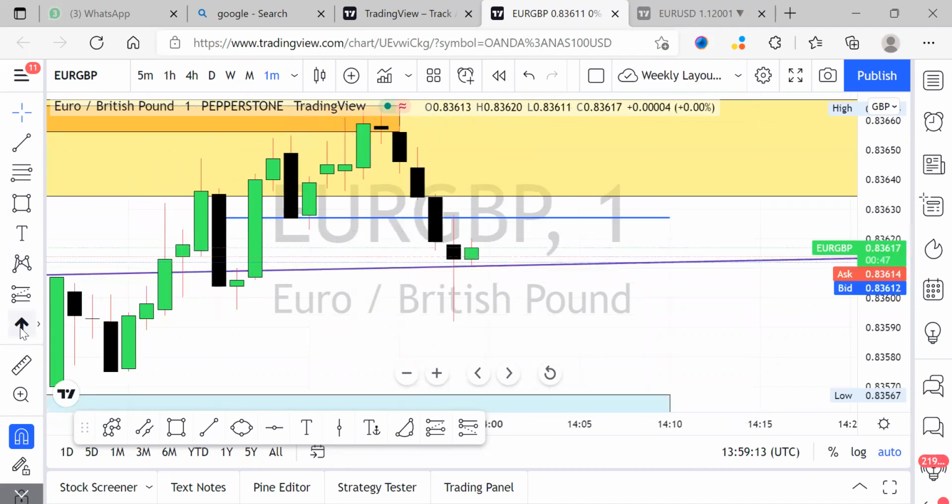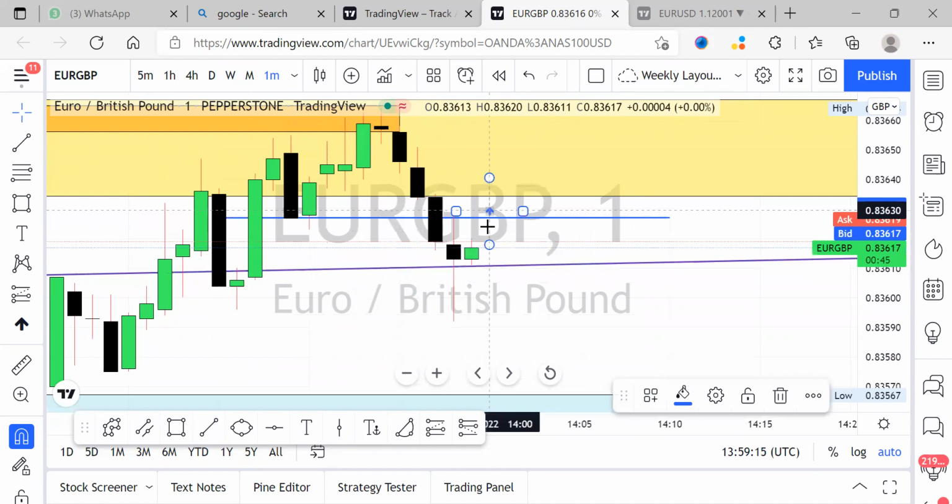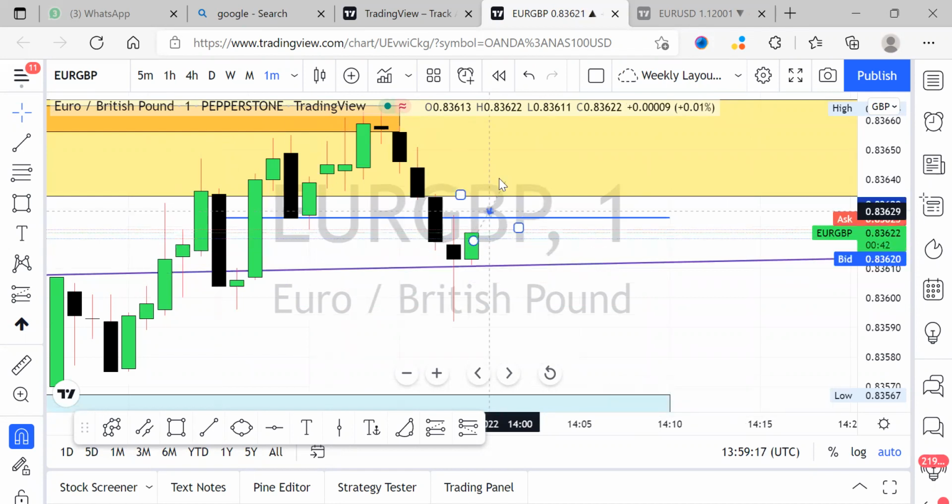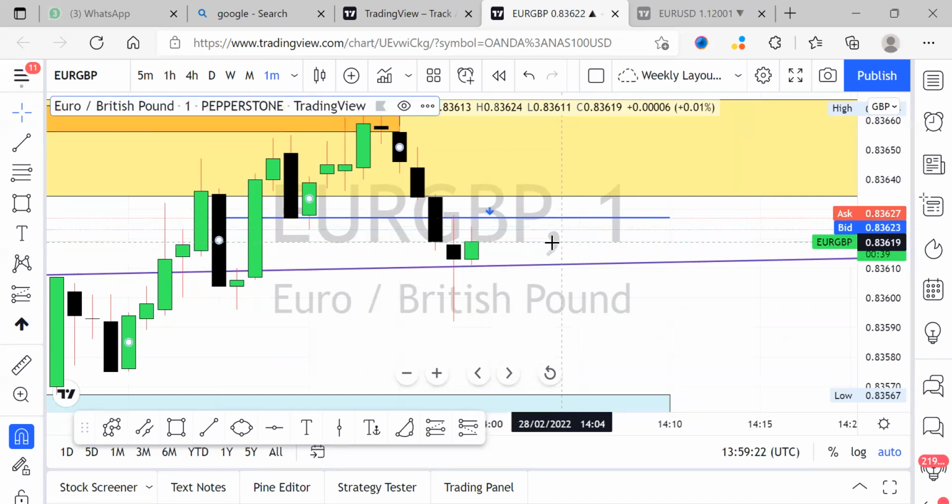At this moment, I'm going to say hypothetically I took this trade. Stop loss is at the blue line. Let's see what happens, and then you'll see the overall. This way you can do it.